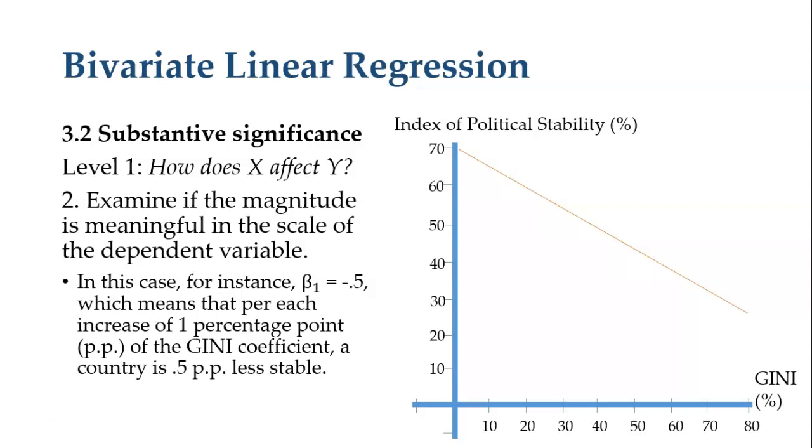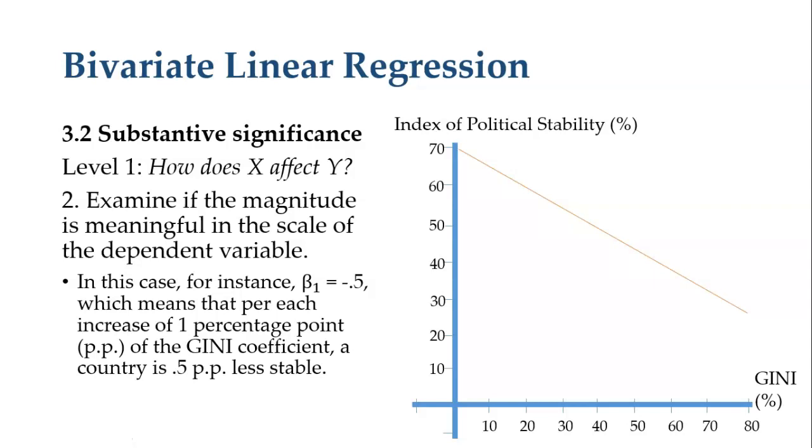This is a negative effect, and this means that for each increase of 1 percentage point of the Gini coefficient, there is a 0.5 decrease in the index of political stability. But because the effect is very tiny, we don't understand well if this is an important effect or not. If we don't have this graph, we cannot picture the effect in a meaningful way.